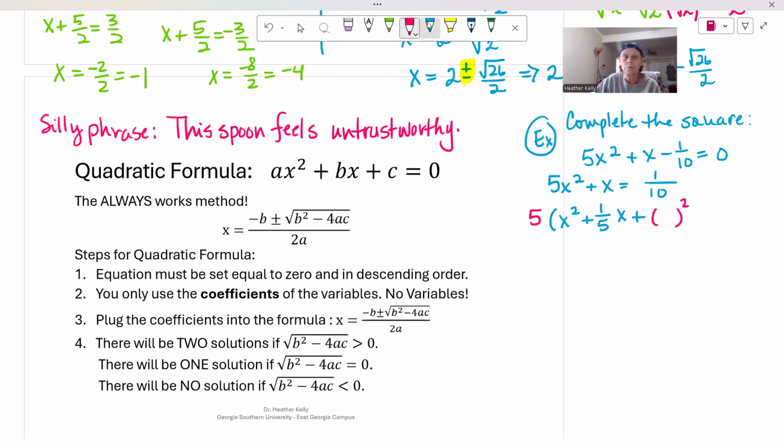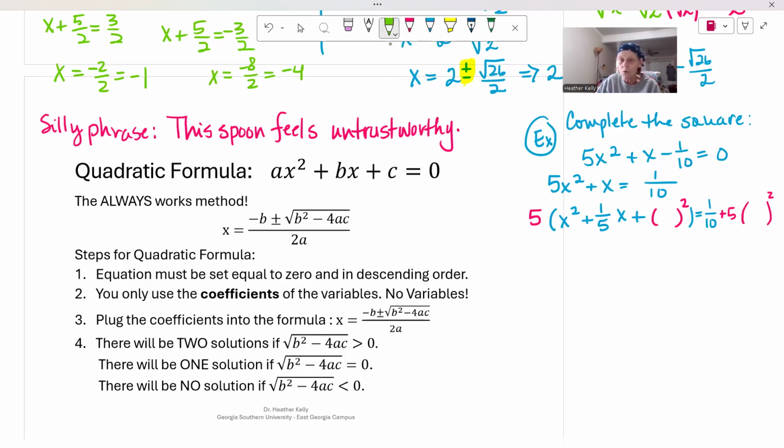Uh-oh, I might have put myself in a corner over here. Equals 1/10. I'm going to write it really small. Plus 5 times a set of parentheses squared. I'm going to have to scooch over next time. So what goes in the middle?